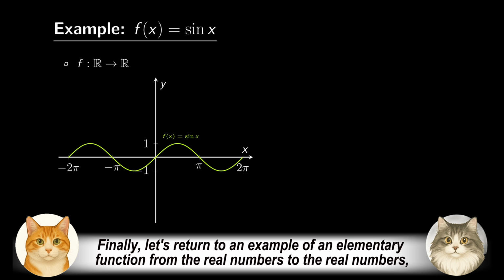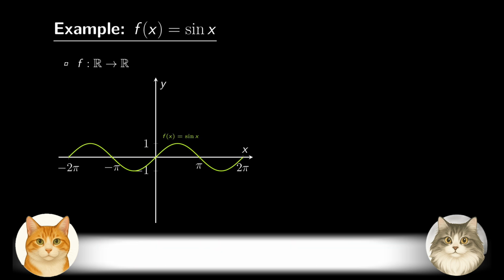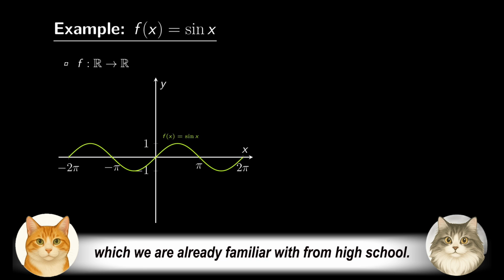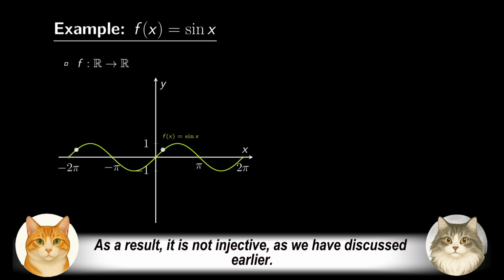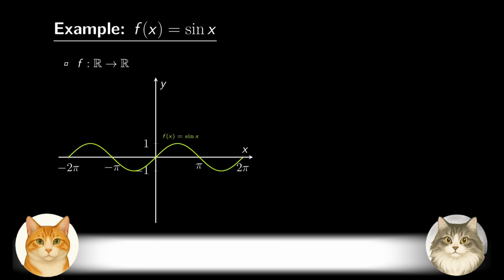Finally, let's return to an example of an elementary function from the real numbers to the real numbers, namely the sine function f(x) equals sine x, which we are already familiar with from high school. This function is 2π periodic. As a result, it is not injective, as we have discussed earlier.